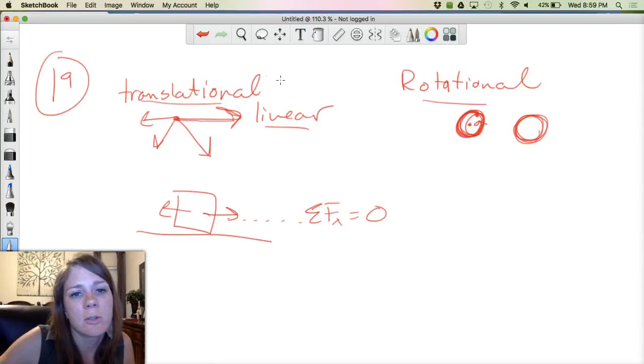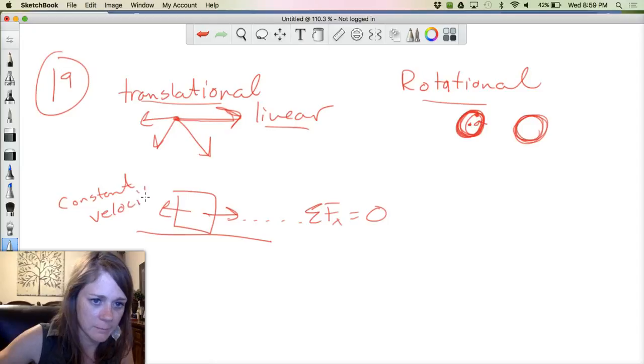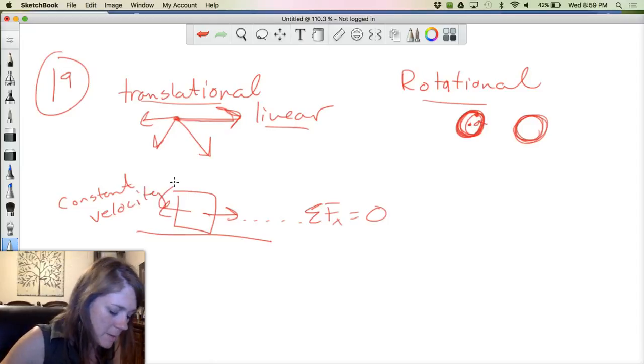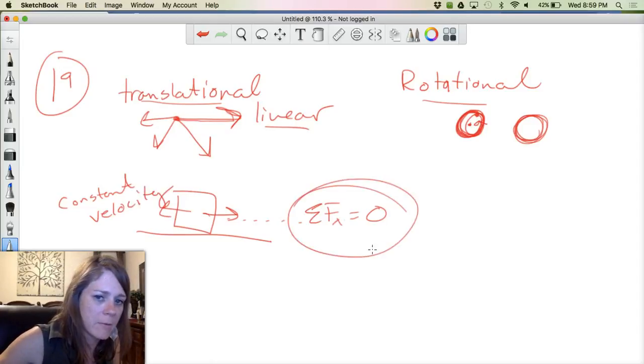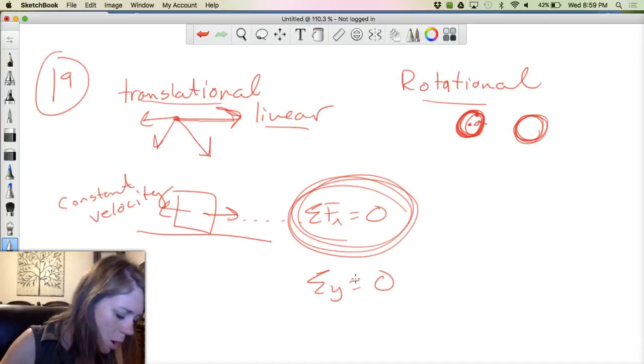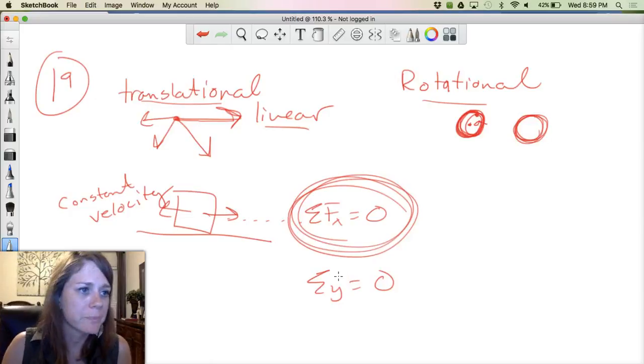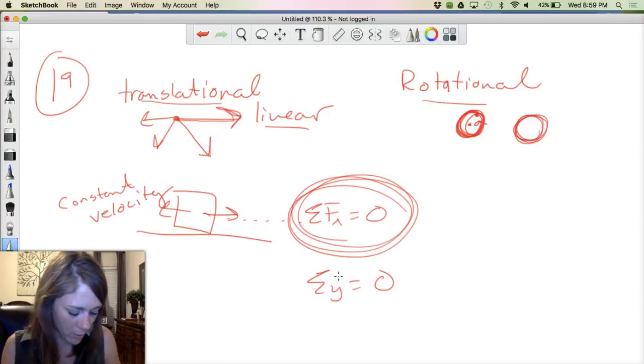Translational equilibrium basically was just saying that it's moving at a constant velocity. And if I'm moving at a constant velocity, then the sum of the forces in the x has to be equal to 0, and the sum of the forces in the y has to be equal to 0. So the vector sum of all of those forces has to be equal to 0. And of course, D, the object must be moving at a constant speed because it's in translational equilibrium. All right.